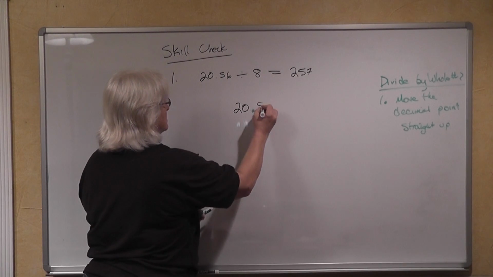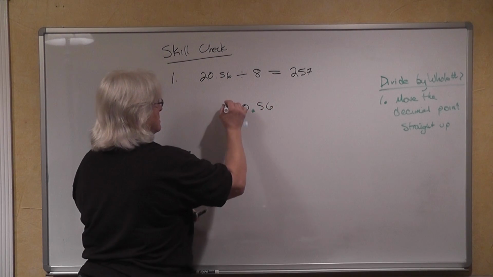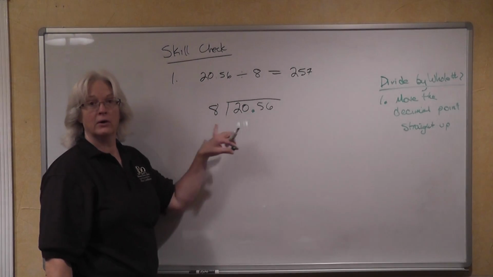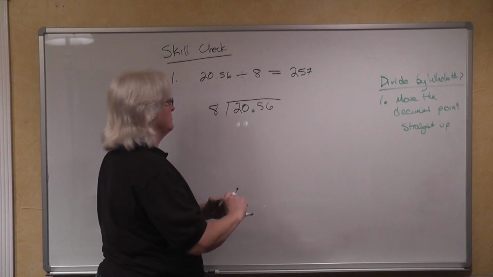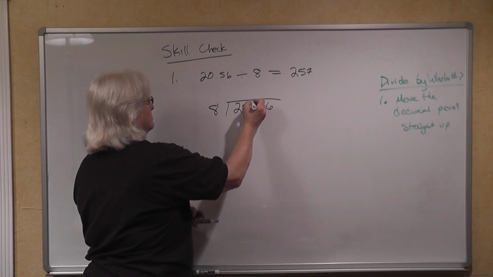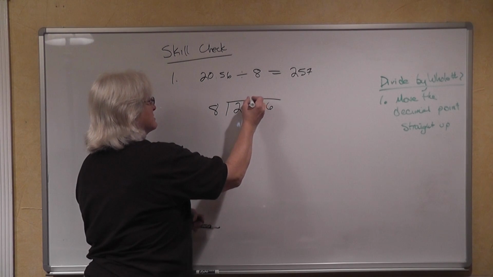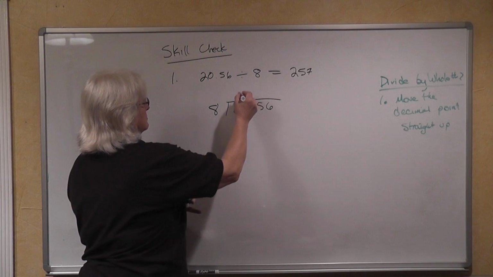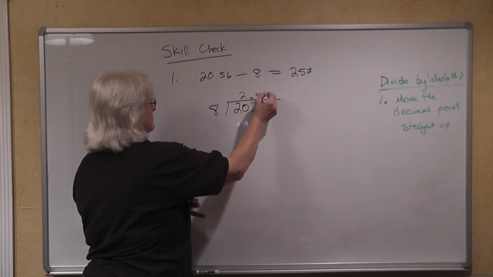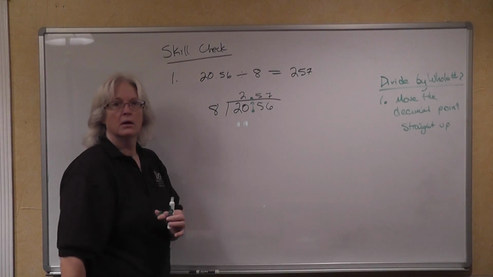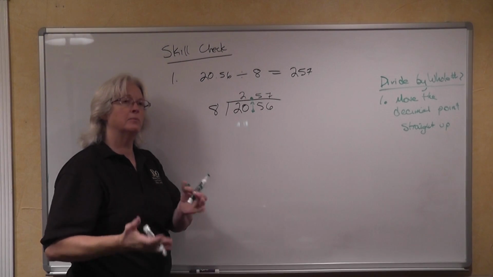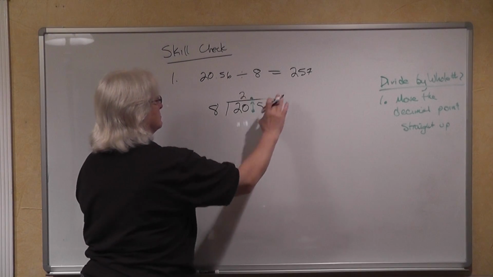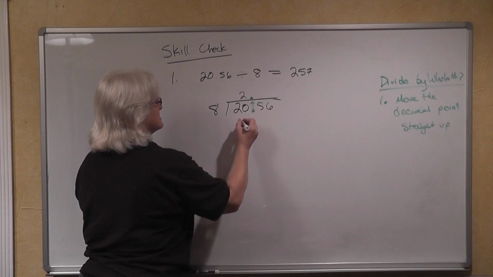20.56 divided by 8. We're dividing by a whole number. That decimal point moves straight up, doesn't it? Decimal point goes right there. That's how it's going to be located, but let me go ahead and actually do this long division out for you. 2 times 8 is 16.